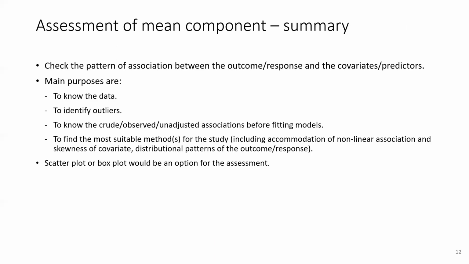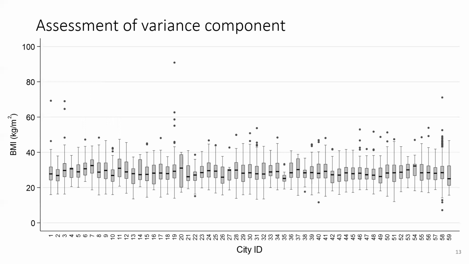So let's go now to variance components. This one shows the distribution of BMI by city. And the question here is how we have to assess if the variability changes across cities. And I mentioned that we have to look at between city variance and within city variance.